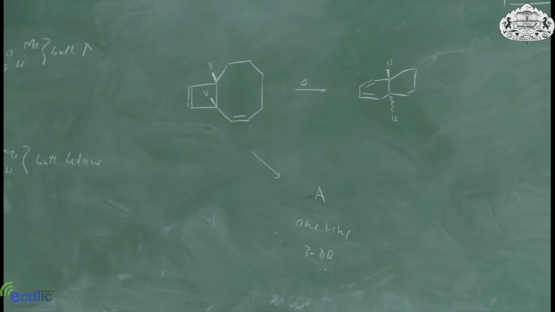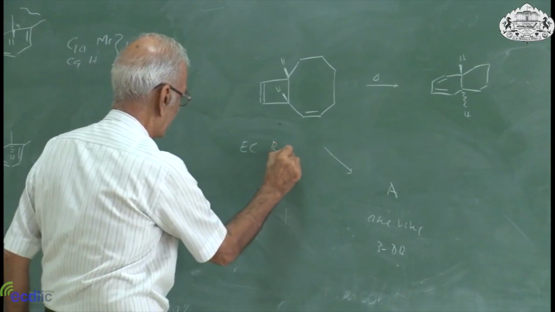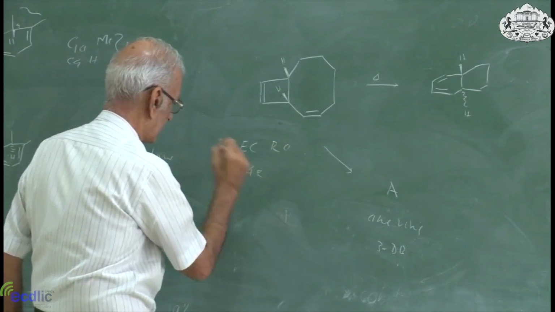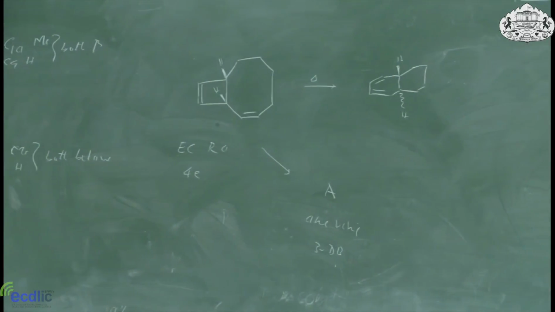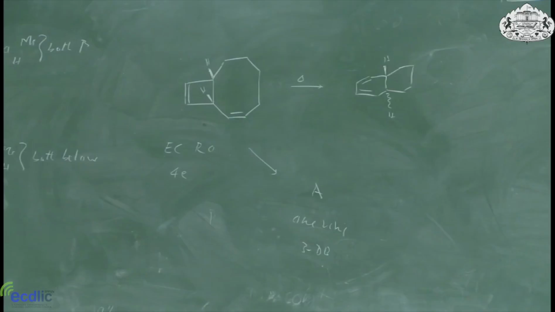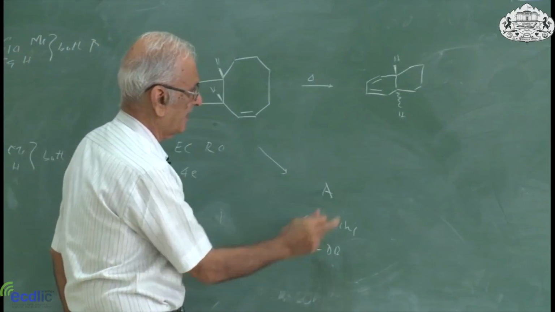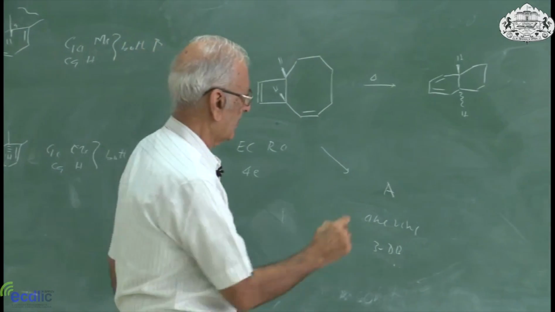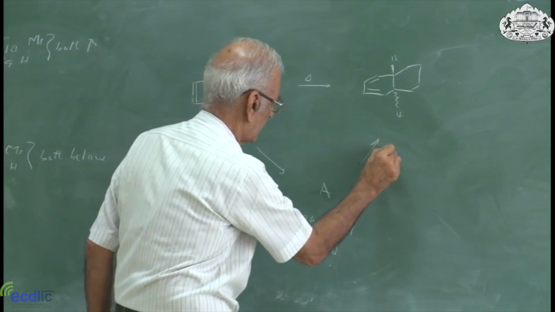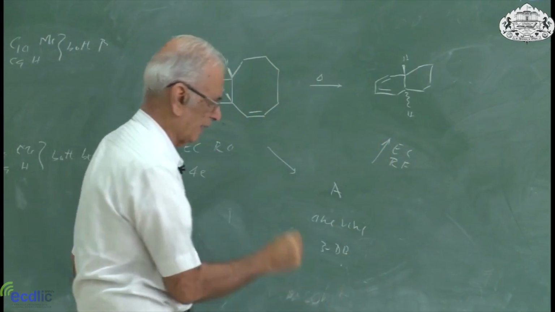So you are doing an electrocyclic ring opening reaction, and that is going to be a 4-electron process. And then obviously, this is again 3 double bonds going to 2 double bonds. So that is going to be an electrocyclic ring forming reaction.